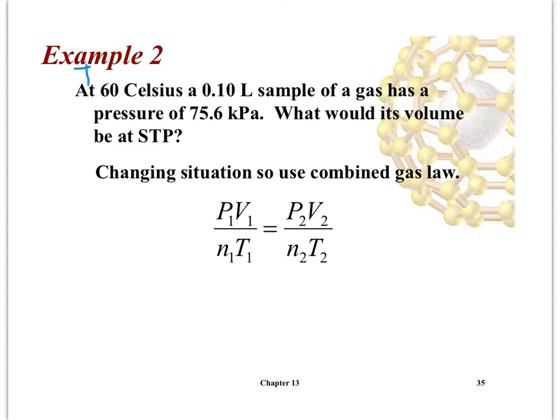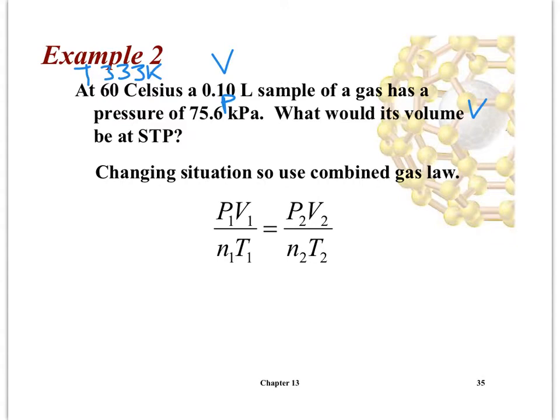I'm going to go ahead and convert it to Kelvin because we can't really use Celsius, so this is 333 Kelvin. That's my T. 1/10 liter, that's a volume. Pressure is 75.6 kPa. And then it says, what would its volume be at STP? So it looks like this is another volume.